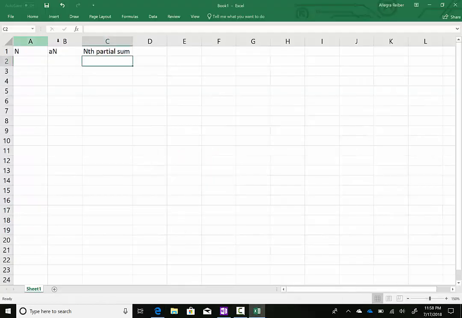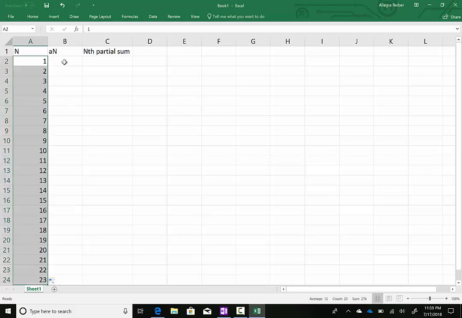So here I am in Excel, and to start out, I'm going to put all the counting numbers down here. Then the pattern that we wanted to start with is the nth term, so here I'm going to put the terms of the sequence.